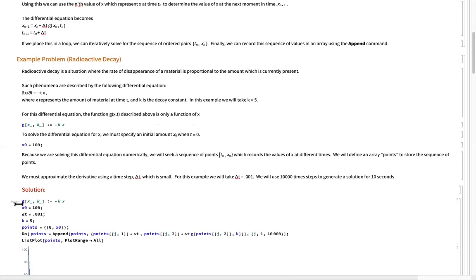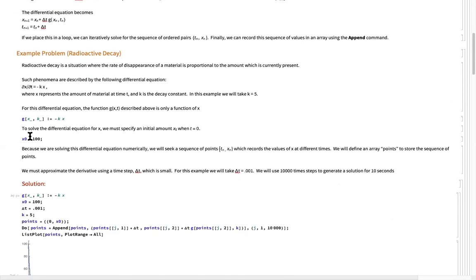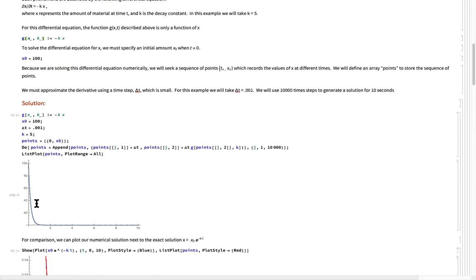So here's an example with radioactive decay. I'm going to define a function g up here, and I'm going to say that the initial value for x is 100.